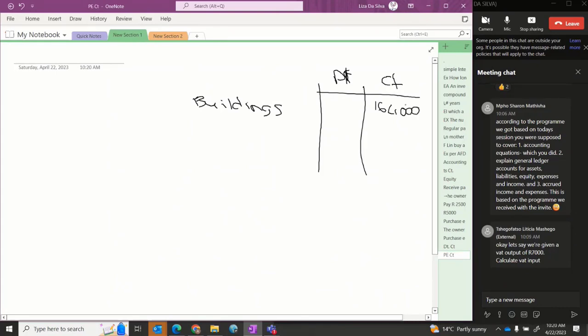The other one was wages. I'm just going to write this as well because the two are connected now. Salaries and wages, 332,123. Okay, they give other balances as well, but I just want to show you this one.